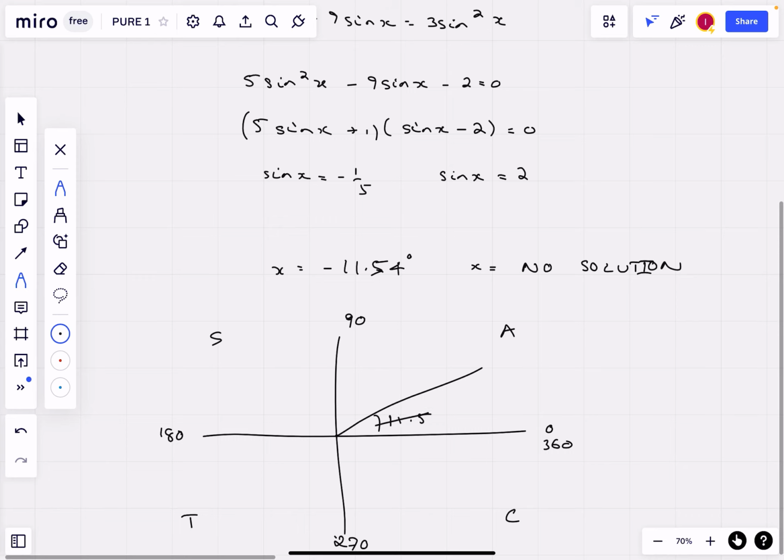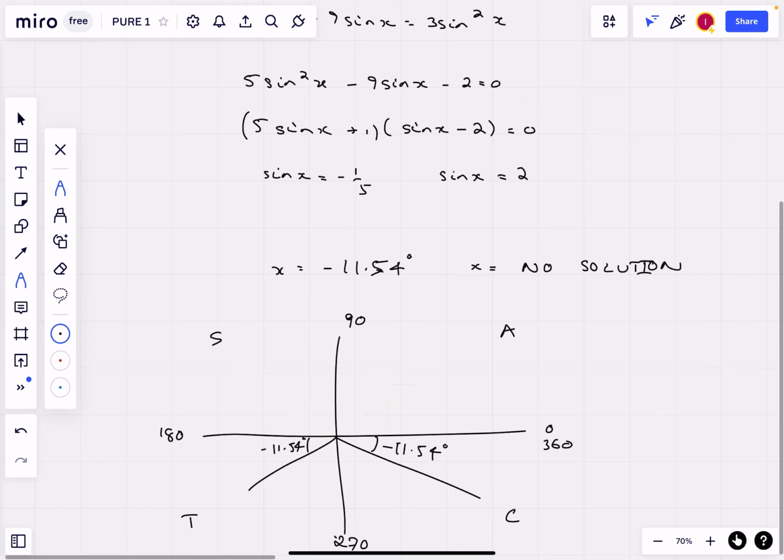But in this case, it's minus, which means we're going to go the opposite way. We said when it's positive and it's sine, it reflects this way. When it's negative, it's just going to be a mirror image. So it's going to reflect that way, where this is also minus 11.54 degrees.